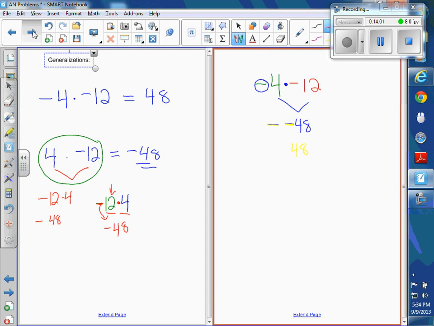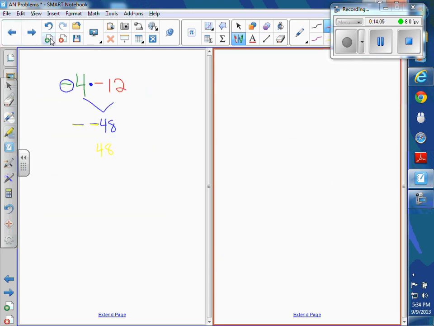So if we go farther and add one more example in here, if we have a negative 3 times 6, I would just think of this as the opposite of 3 times 6, which is 18. If I have a negative 3 times a negative 6, I would first do this, and I would remember that I could always rearrange.